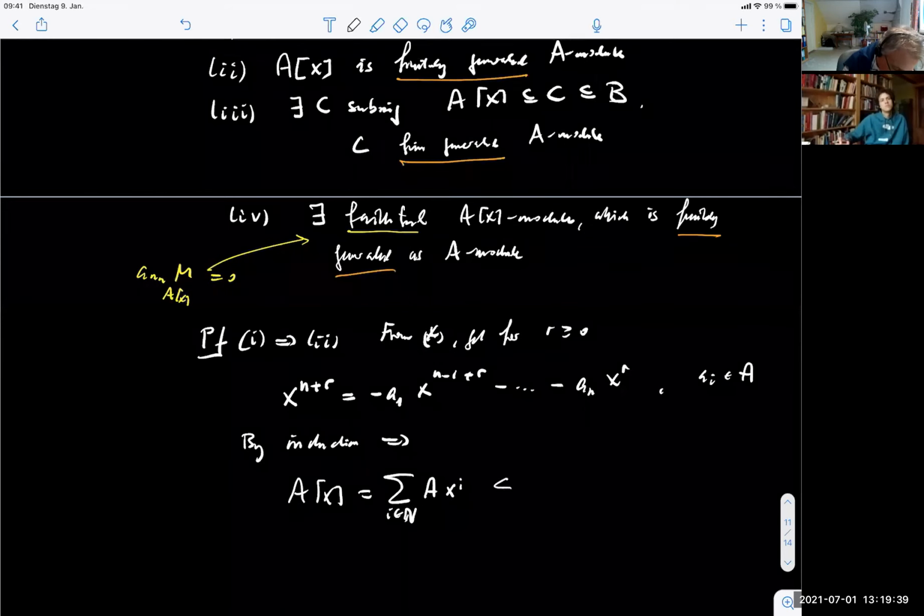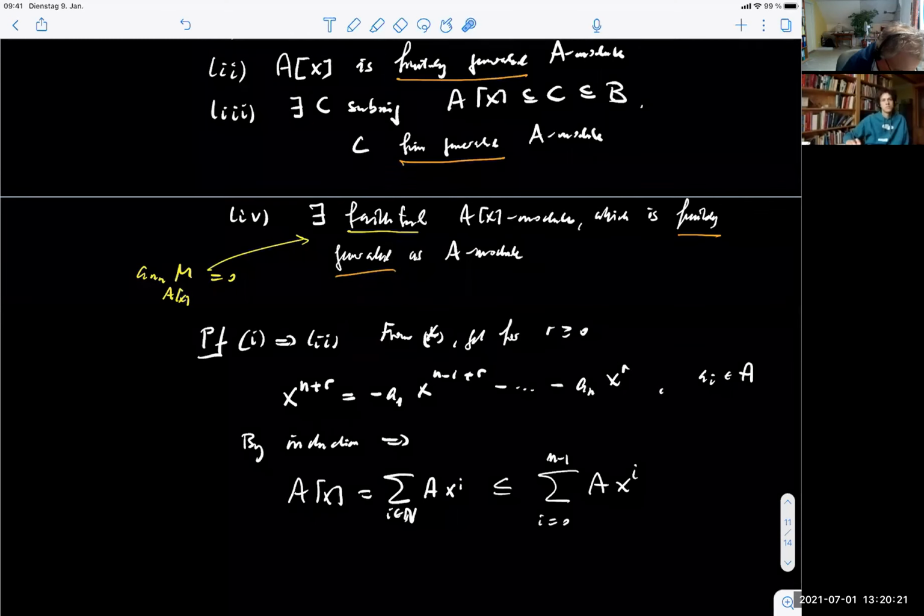Actually, I only have to take the sum over the first n terms. Here, first you take r equals 0, then you express x^n as a linear combination. Once you have this, you go to x^(n+1) and write it as x^n times x. But the x^n you can always represent, multiplied with x, and then again. So you can reduce the degree every time.